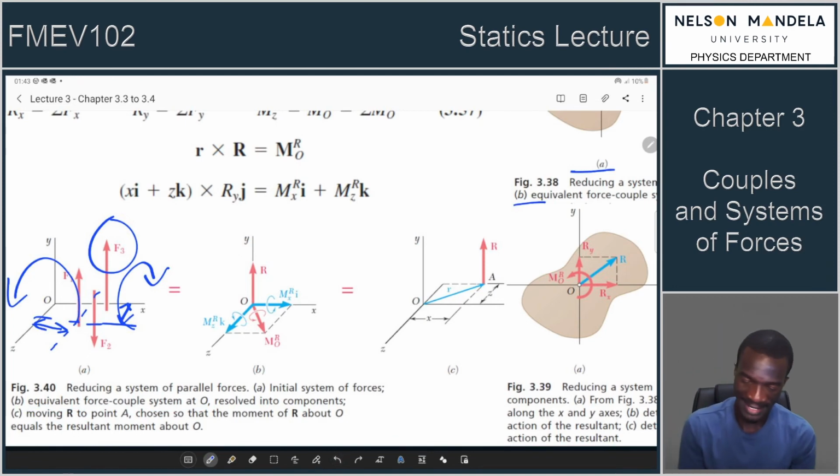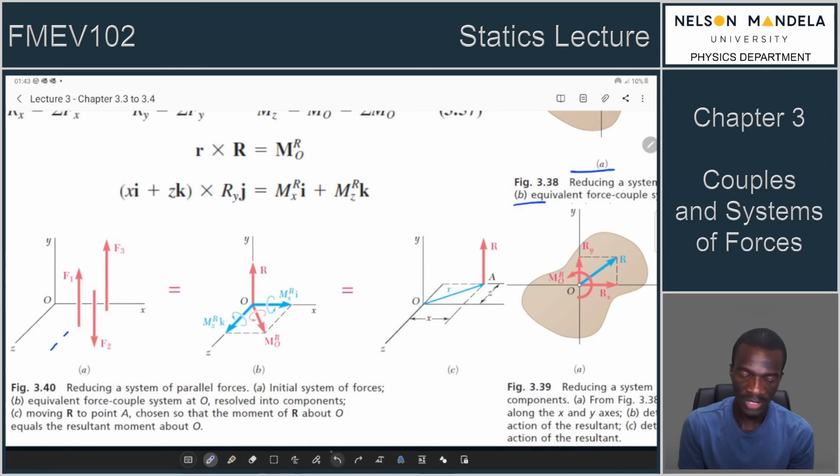It's obvious that these forces on figure 3.40a will only cause a rotational effect about the X and the Z axes.